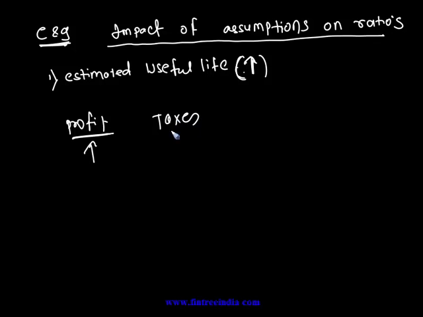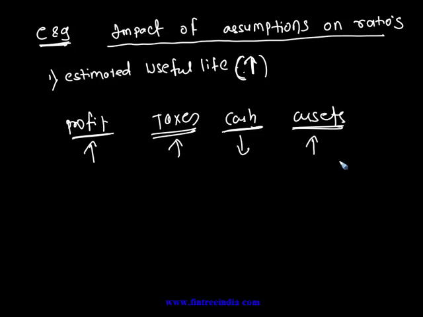Second, because your profits are more, you'd end up paying more taxes. Because you'd end up paying more taxes, your cash will be lesser. Do you agree? Then last, because you're charging less depreciation, your assets would be higher. And because you're charging less depreciation, your equity will be higher. So if estimated useful life is assumed more than what it should be, then profits are more, taxes are more, cash is less, assets is more, equity is more.